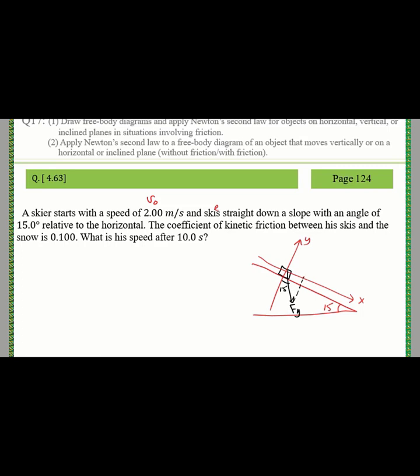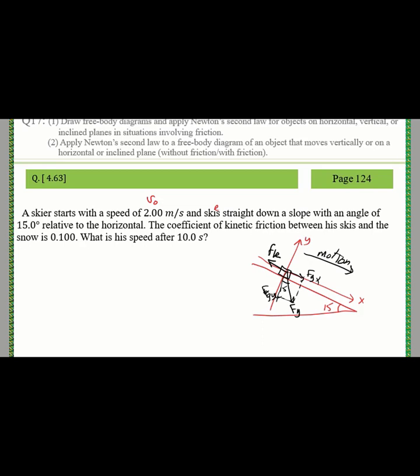Here we have Fgx and Fgy. And no other forces act on the object except the friction. Since the motion is downward, the friction would be up on the incline.